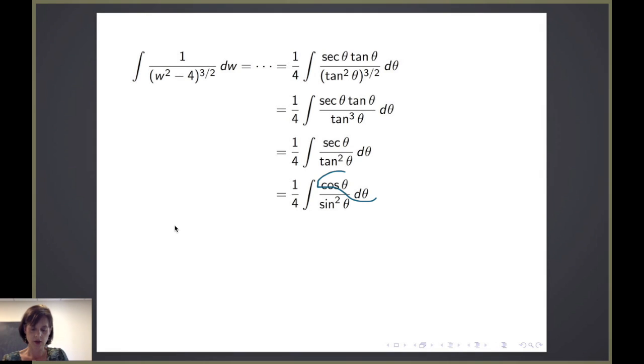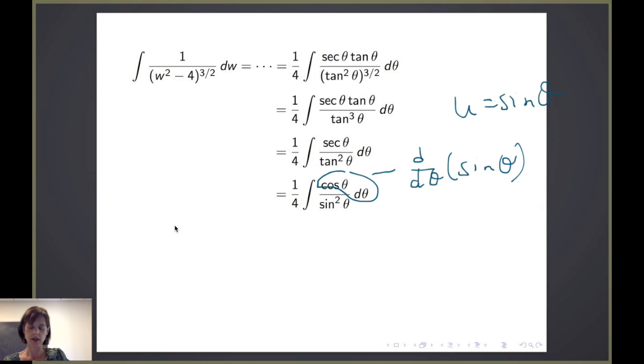I could see that cosine of theta is actually the derivative of sine of theta. So I could do a u substitution with u being sine of theta and du is the cosine of theta, d theta.